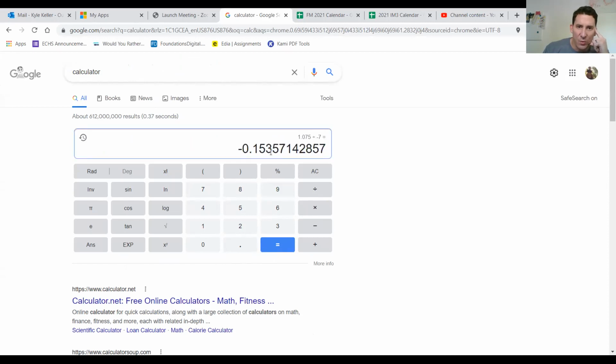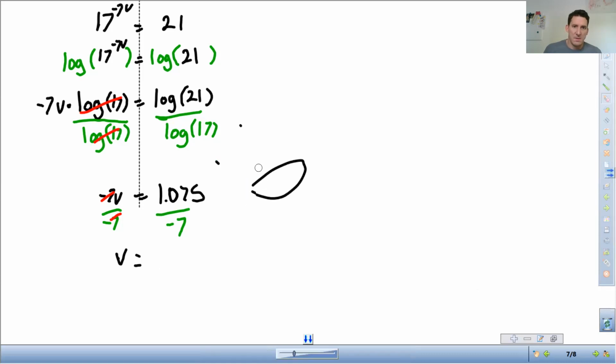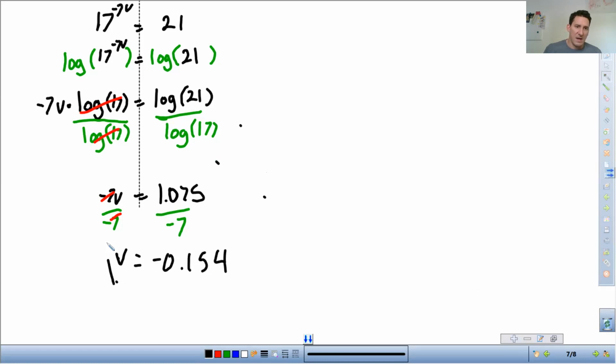That's negative 0.15, round that up to negative 0.154. Oh no. Sorry, thought the battery died on that. Negative 0.154. And that is it on that one.